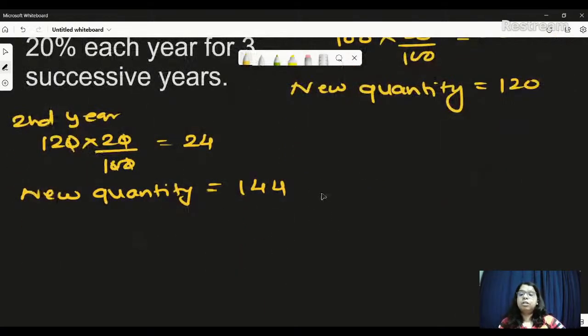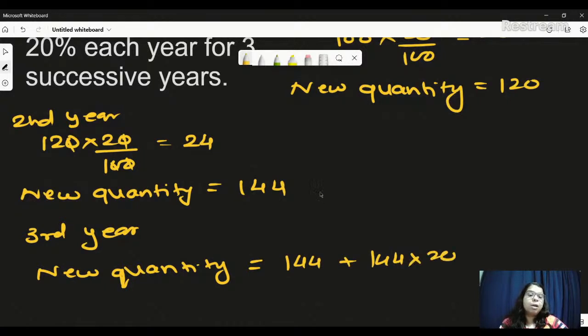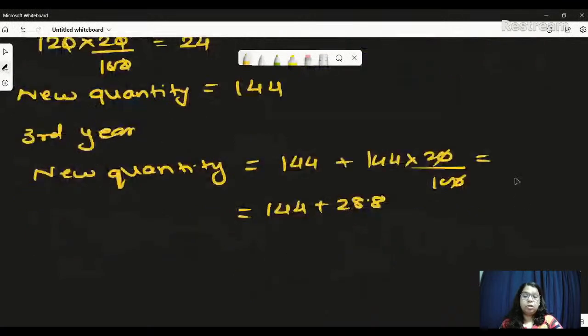Now for the third year, the new quantity is going to be equal to 144 plus 144 multiplied by 20 over 100. Okay, so 144 times 2 is 288 over 10 is 28.8. So this is going to be 144 plus 28.8. So that is going to be 172.8.